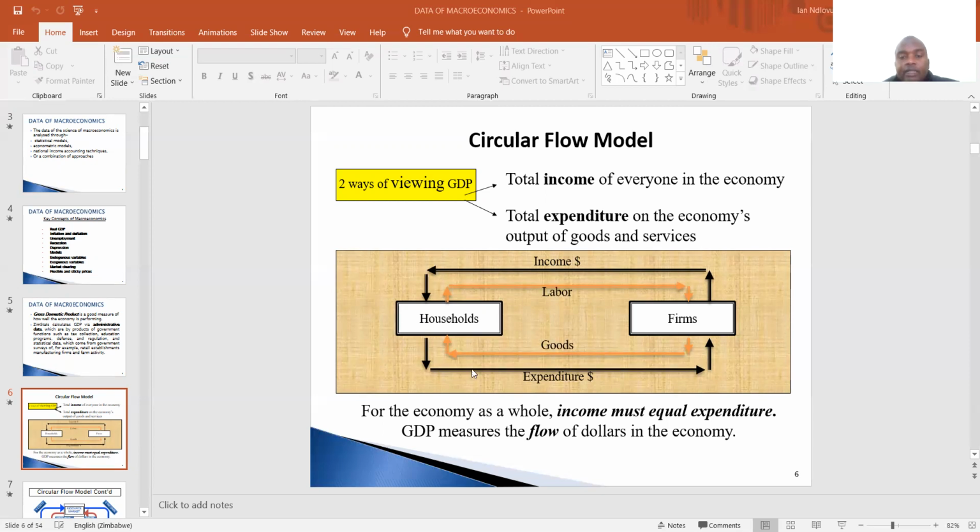And in turn, they get a return for goods and services in form of expenditure dollars, which is just a translation of the income which is paid to households. So for the economy as a whole, income must equal expenditure, because in this two-sector model, we don't have outflows or leakages. So GDP measures the flow of dollars in this simplified economy.